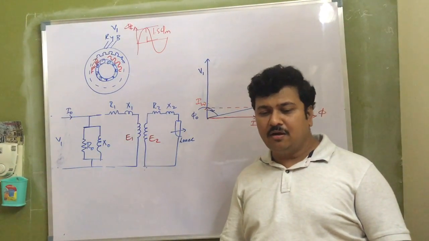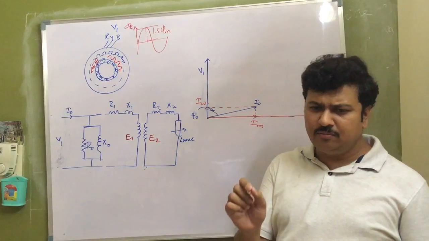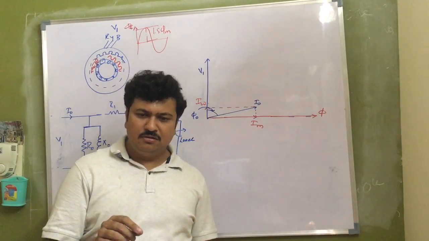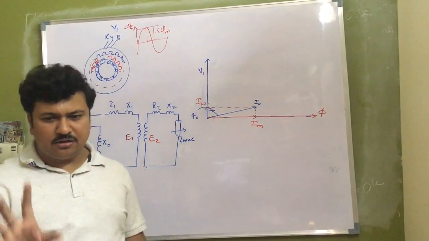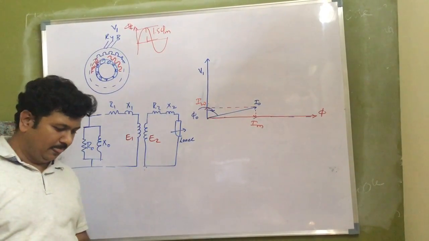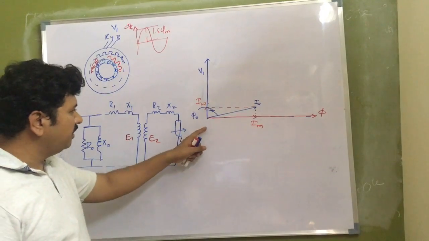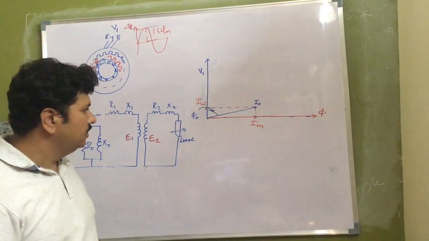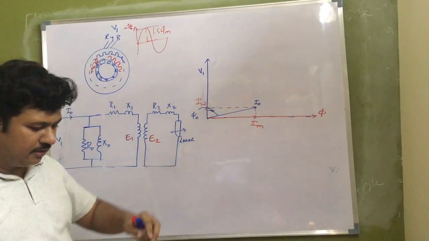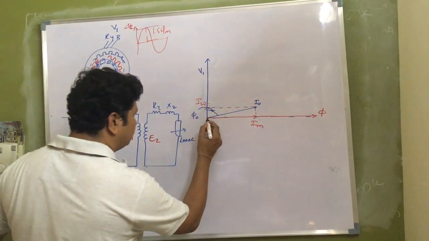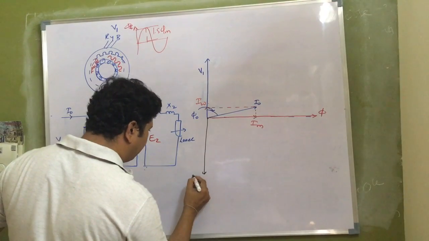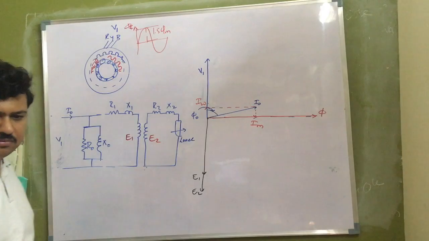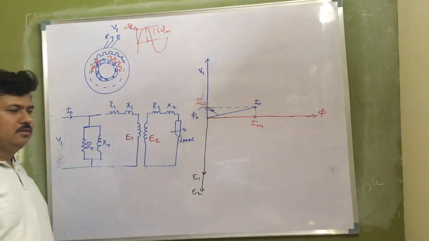The phase angle of induced EMF electromagnetically is always lagging behind the flux by an angle of 90 degrees. By nature, the induced EMF due to the flux phi will always lag behind the flux by an angle of 90 degrees. So this will be E1, this will be E2, or E2 and E1. Magnitudes may change.